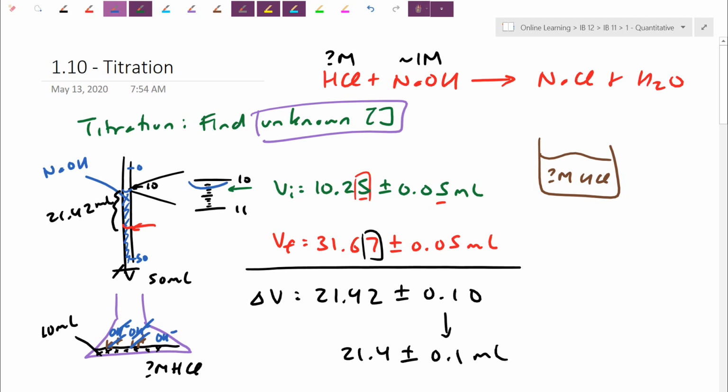I want to stop exactly at that point so I don't have an excess OH minus. At that point, we would have hit what's called an equivalence point. That's when I have exactly dropped in the same amount of base particles as acid particles. That's when it's completely neutral, there's no excess, there's no limiting. And in that case there, all our stoichiometry is worked out, and therefore we can just do a quick mole conversion and figure out how many moles of HCl and thereby figure out the concentration of HCl.